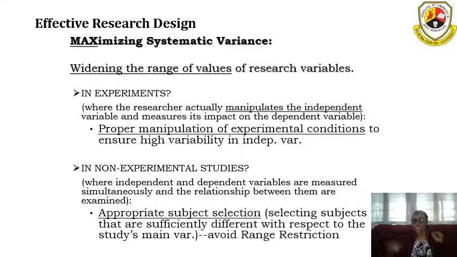And for non-experimental studies, one can decide to select subjects that are sufficiently different with respect to the study's main variable. You select several subjects. Maybe if you're looking at research on lecturers, you look at different age groups, you look at different academic professions. You may find ICT lecturers may be more inclined towards using ICT, especially younger ones.